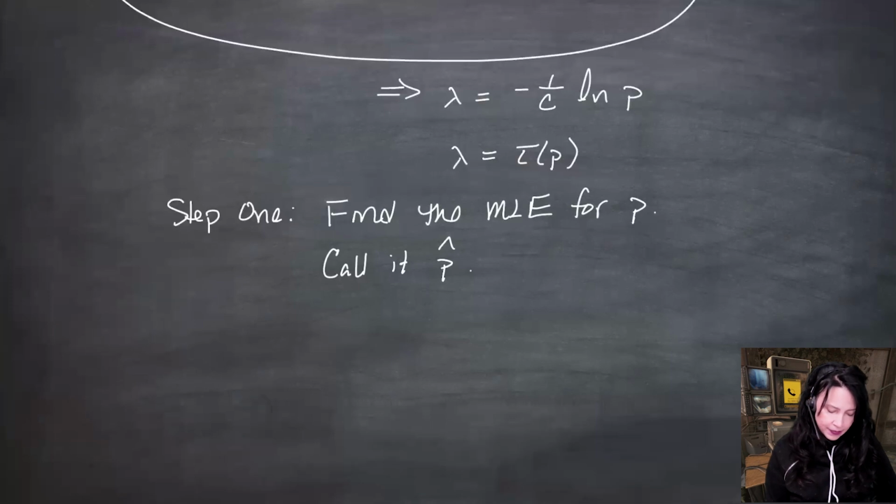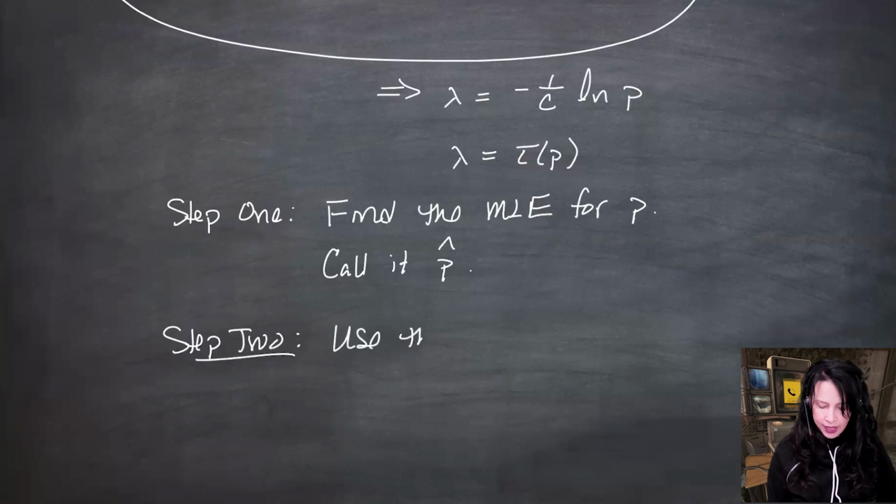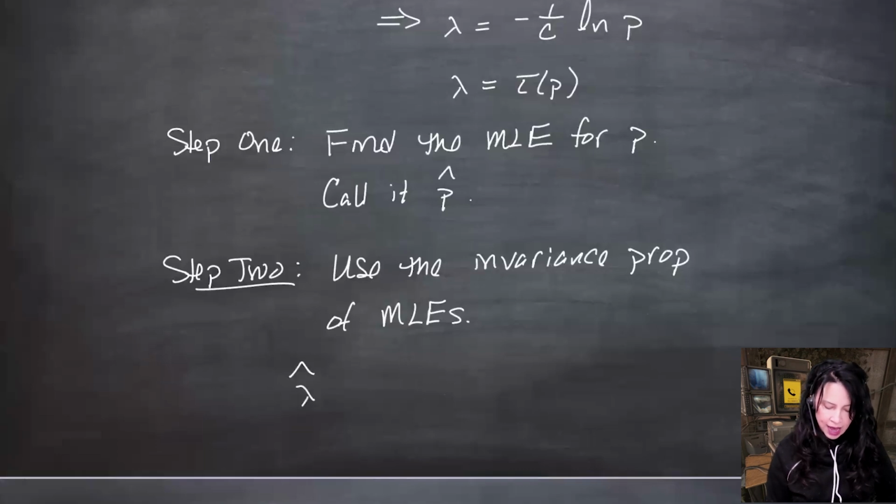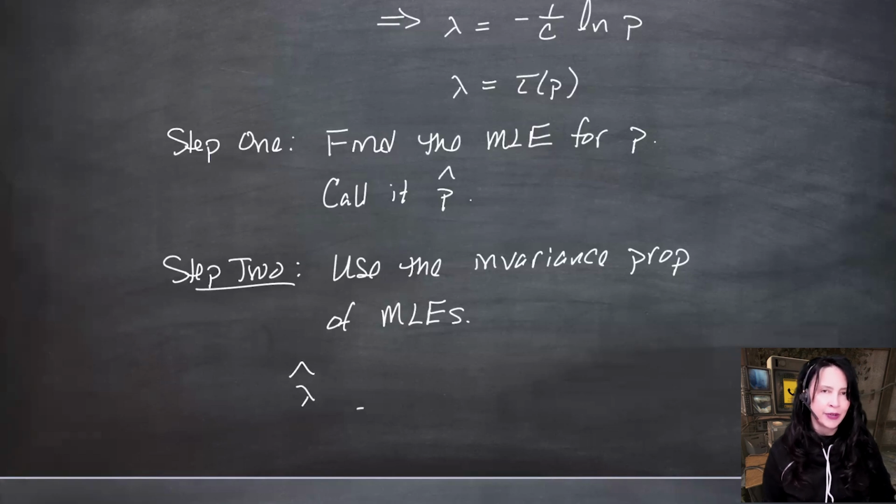And then by step 2, we want to use the invariance property of MLEs, and we'll get the MLE for lambda. So every hat in this problem is an MLE. I'm not writing sub MLE because we're not comparing with different kinds of estimators like method of moments or guesses. So just to be clear, every hat in this example is an MLE.